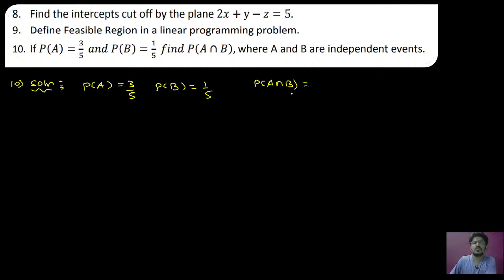That means the formula for P of A intersection B is P of A into P of B. That will be equal to 3 by 5 multiplied by 1 by 5. So that will be equal to 3 by 25. So now we have successfully completed our part A.